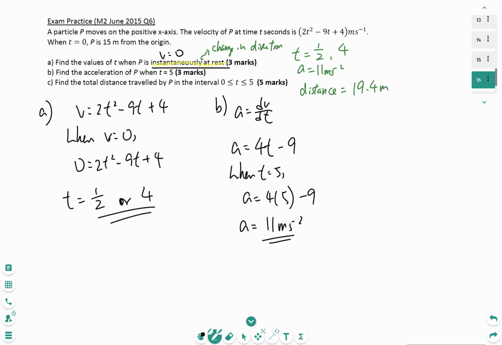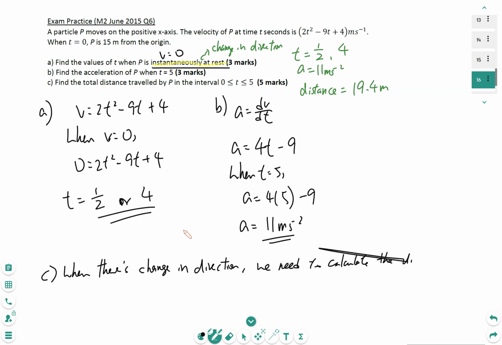I'll write it down for you. When there is a change in direction, we need to calculate the distance separately in each time interval.